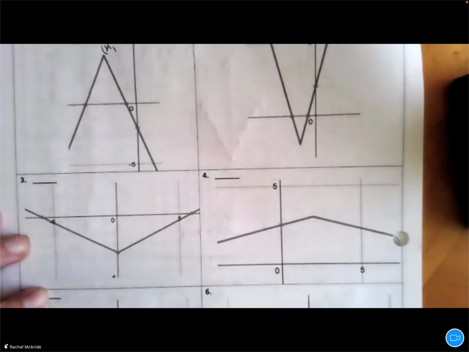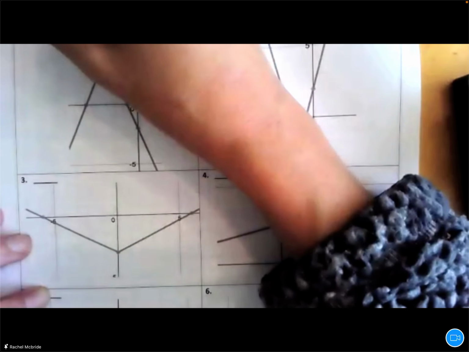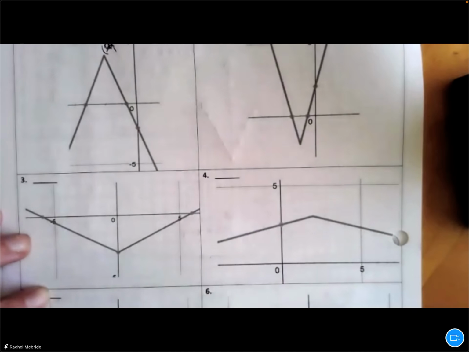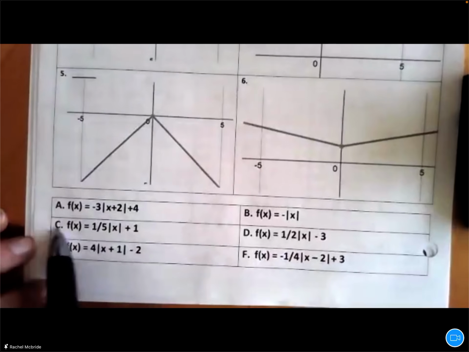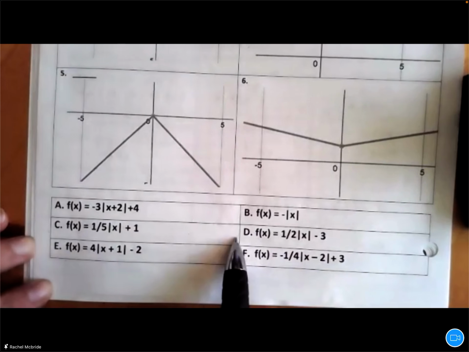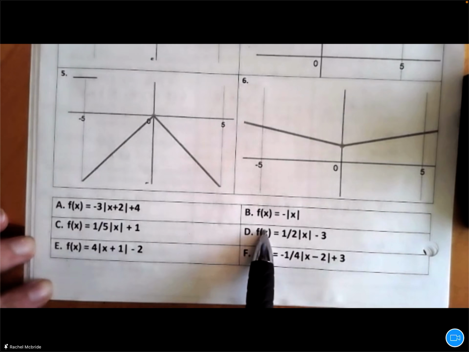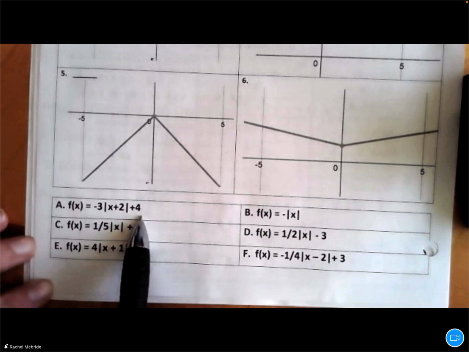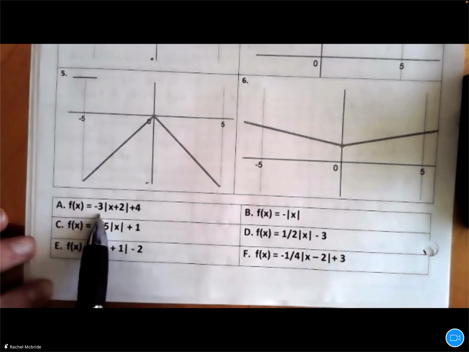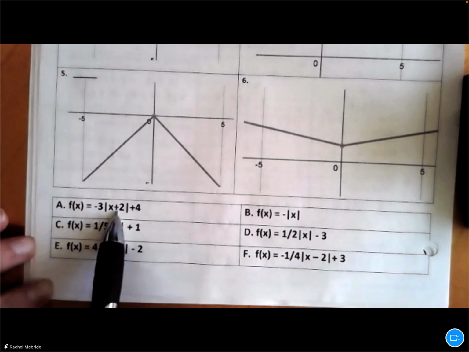So you were looking for a graph that had a -2, a negative to start. So you automatically had to eliminate C, E, and D. And then the +4. So you had -3, absolute value, x + 2 + 4, or A.